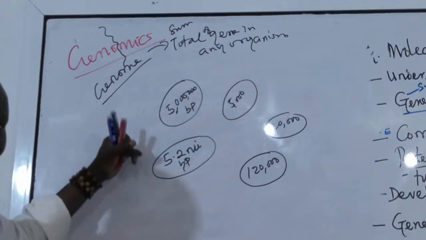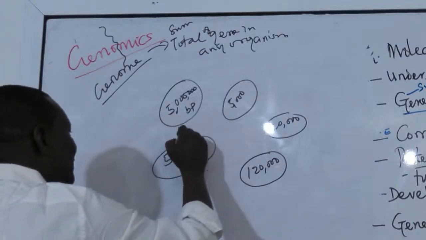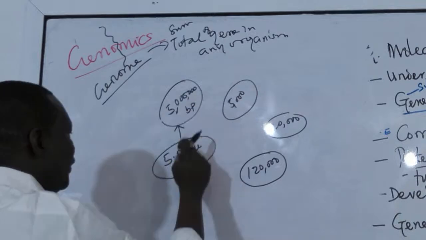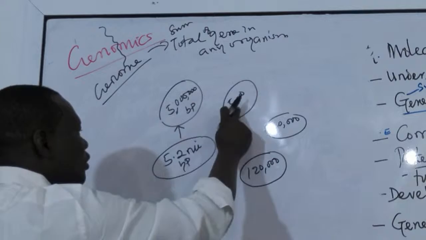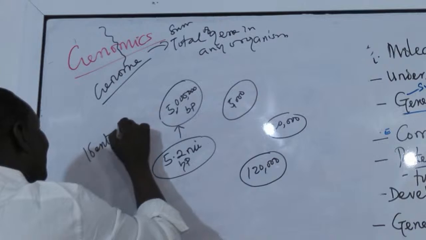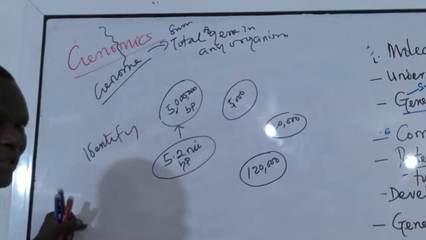So what that means is that you will be able to know, this is comparative, when you are comparing the genome of this with this organism, in order for you to identify them. That is exactly what is called comparative genomics.